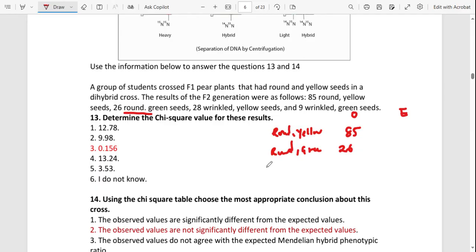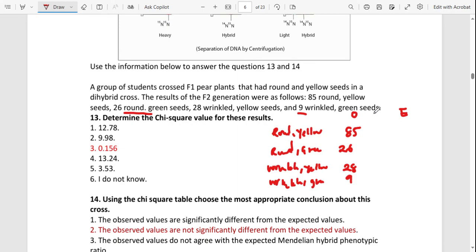And then we have wrinkled and yellow. Those are 28. And then we have wrinkled and green. Those are 9. So if we find the total of the observed results, we have 85 plus 26 plus 28 plus 9. So the total is 148.